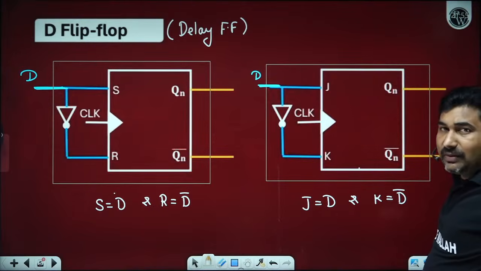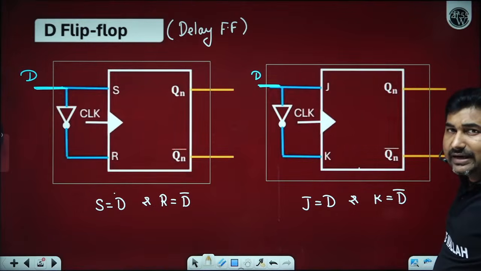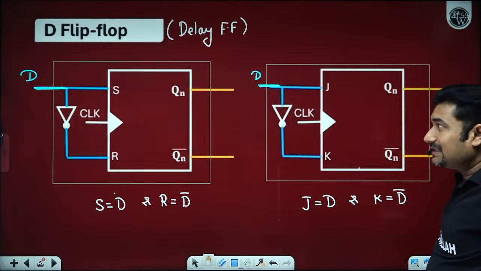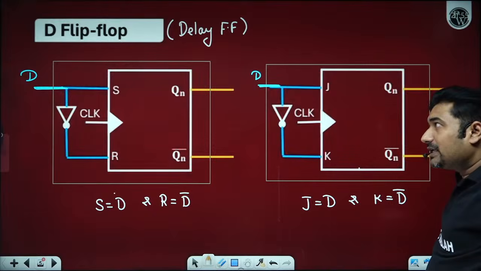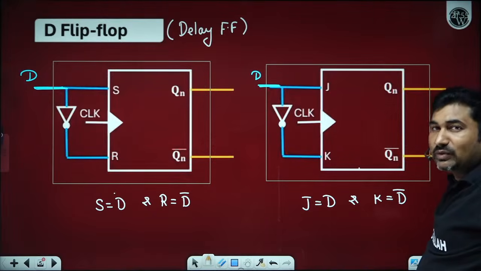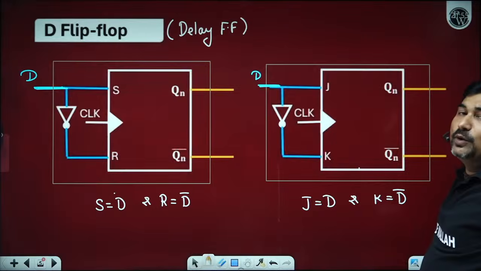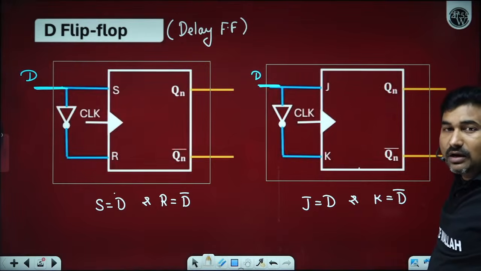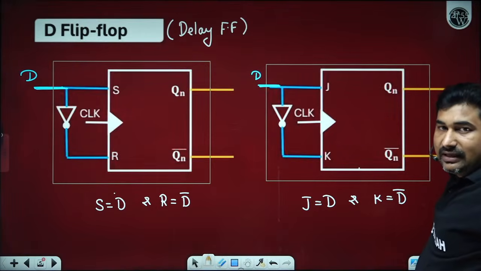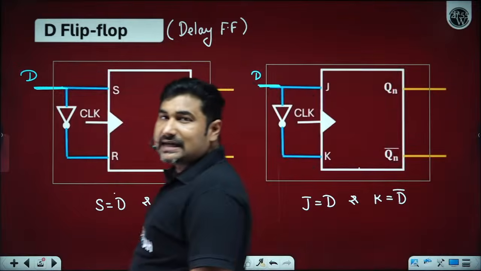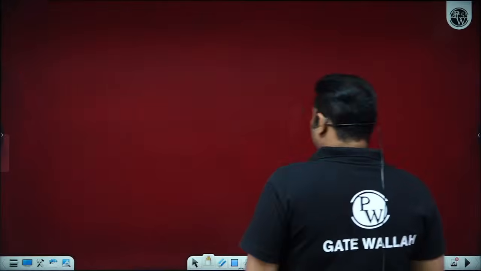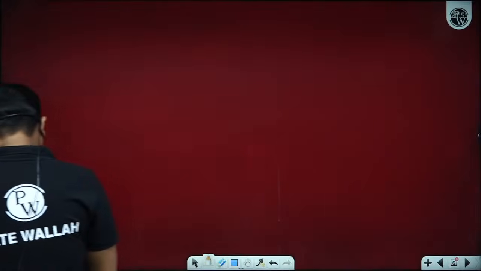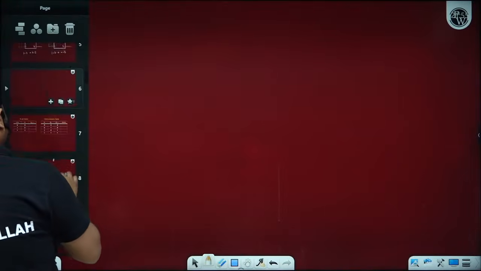In a D flip-flop, there is only one input and two outputs, that is Qn and Qn bar. We observe the next state on the Qn port as Qn+1 and on the Qn bar port as Qn+1 whole complement. Is it okay? In order to understand the D flip-flop, we can construct its truth table.